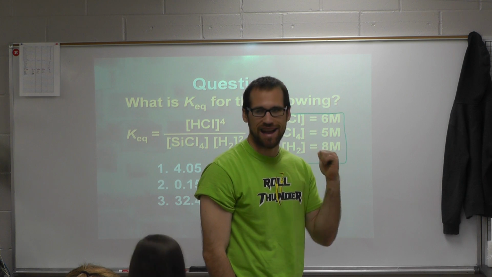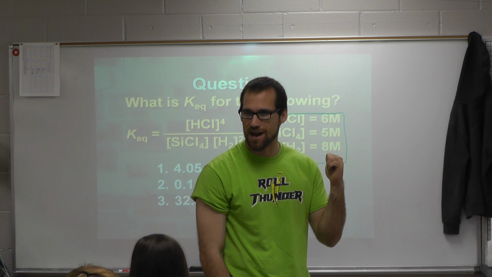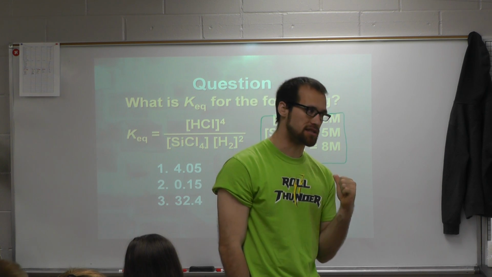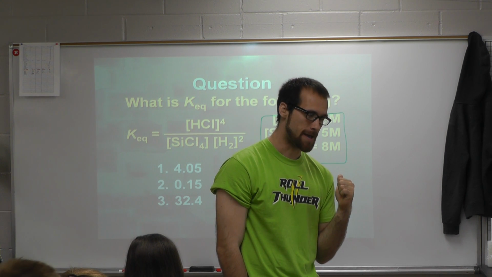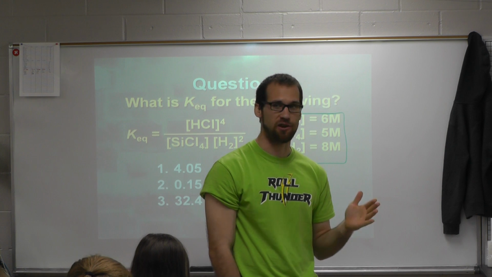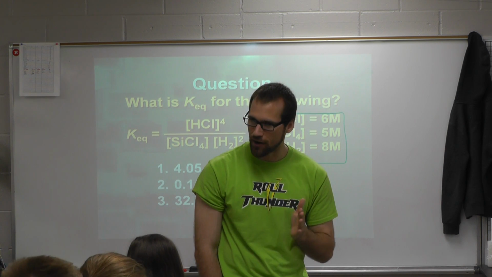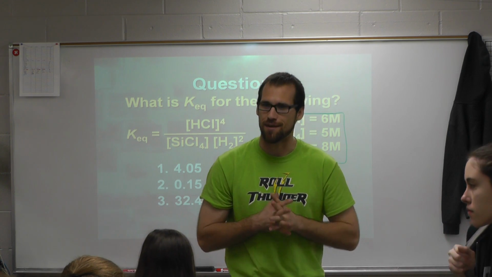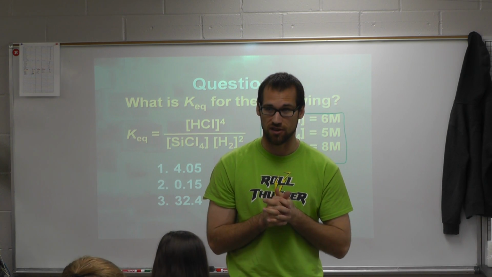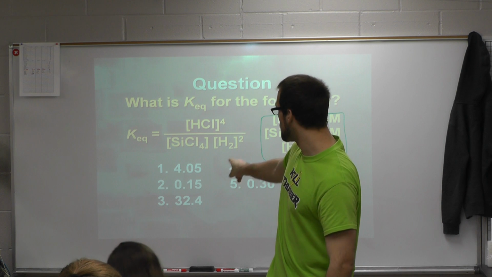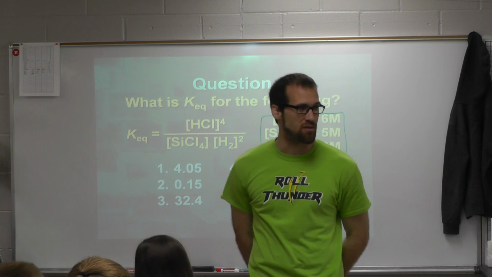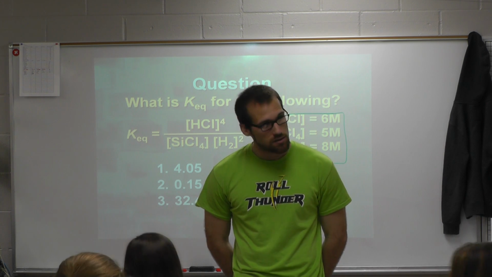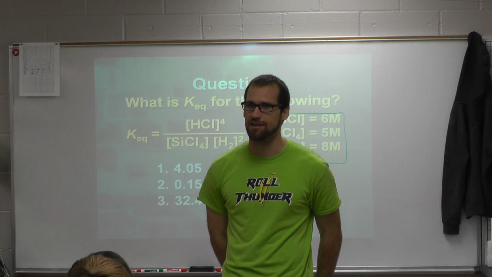This has to be at a different temperature. If it were at the same temperature, it would give you the exact same constant. We will talk about temperature effects on equilibrium later. But I'm just trying to make the connection that you should have gotten the same constant if it were at the same temperature. So don't be confused that we got a different constant. That means that equilibrium is at a different place. We'll talk about that in the next couple days.